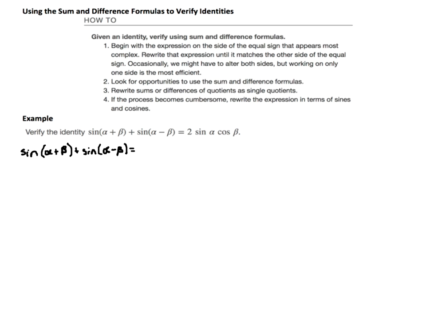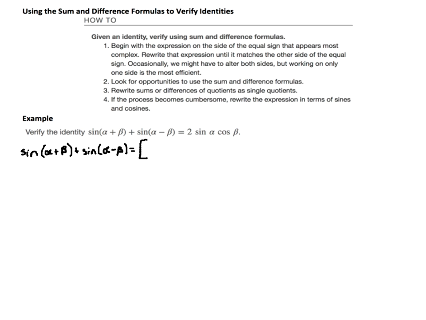So we're going to use our sine sum and difference formulas and apply them to alpha and beta to see that it comes out as 2 sine alpha cosine beta.